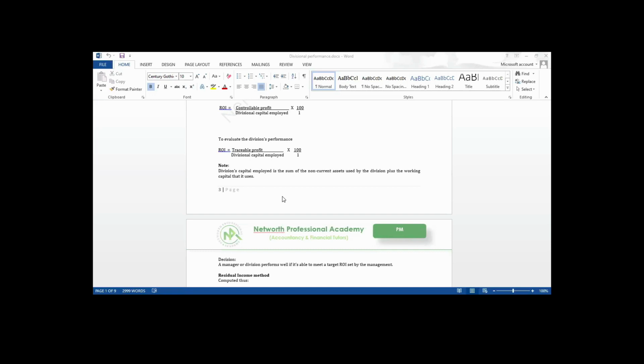That is capital employed. But it's also correct to say it is your non-current assets plus current assets minus current liabilities. That is the capital employed. Is it correct?